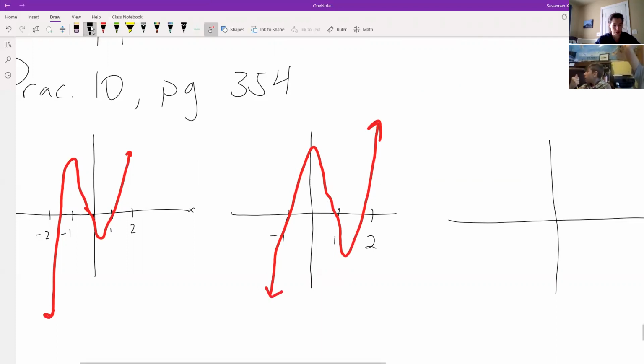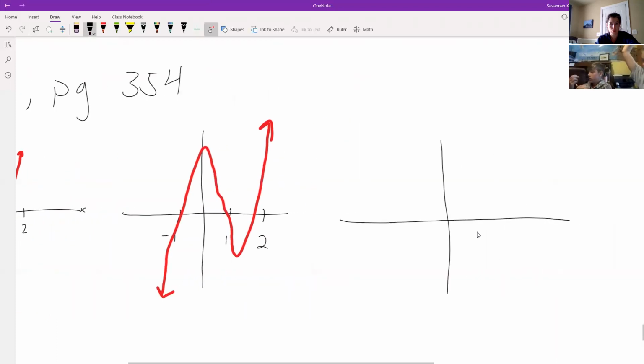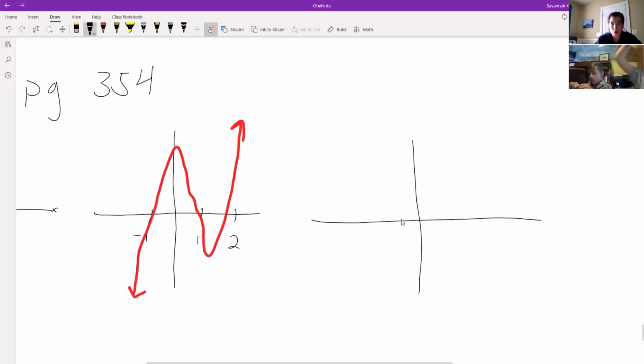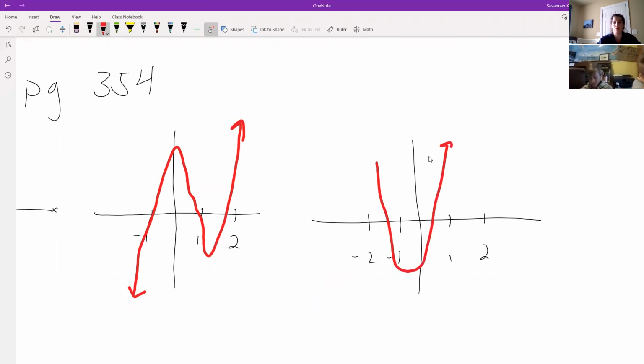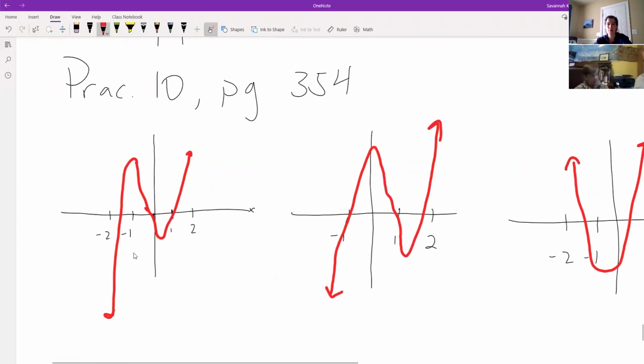And then finally, here, if I can leave myself room, I've got 1, 2, 1, 2. And this one, it looks like they're not forcing me to be quite as precise, so that's good. Okay, so I've got a U-shaped graph, and then I've got a couple of these.